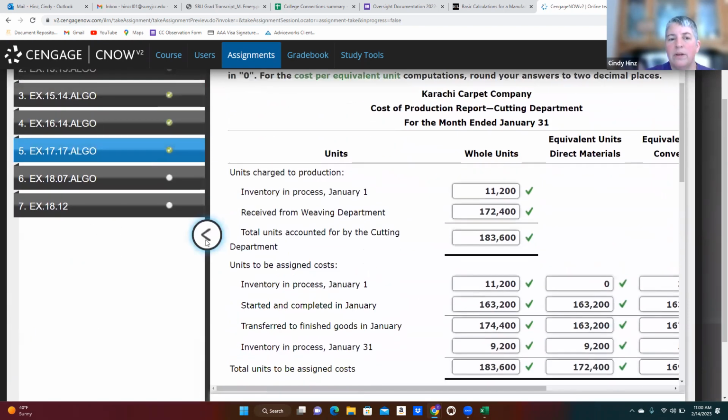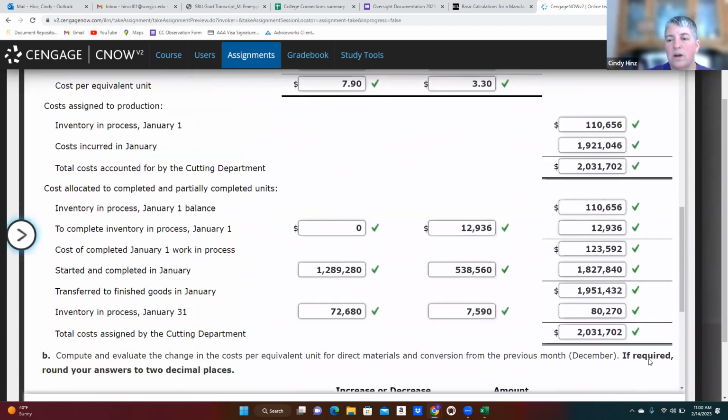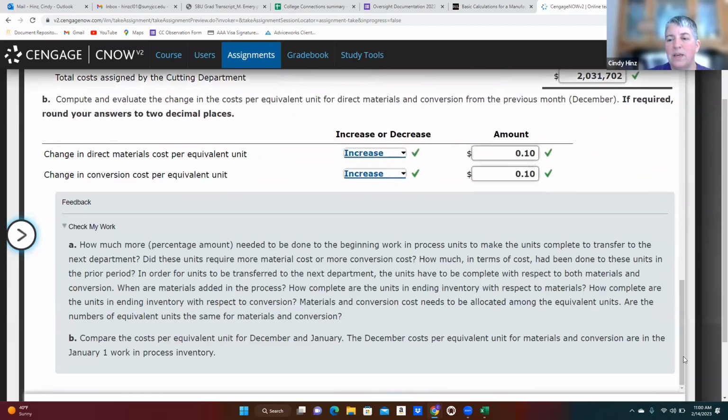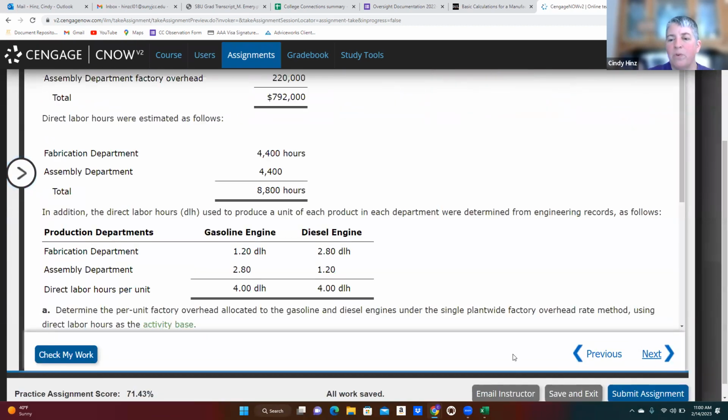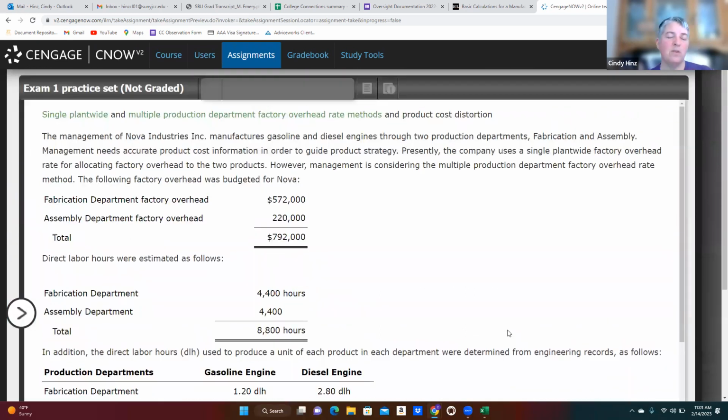So our next final two questions are from chapter 18. So this is the activity-based costing. What makes the activity-based costing different from the traditional approach is that we use more than one rate for applying overhead.